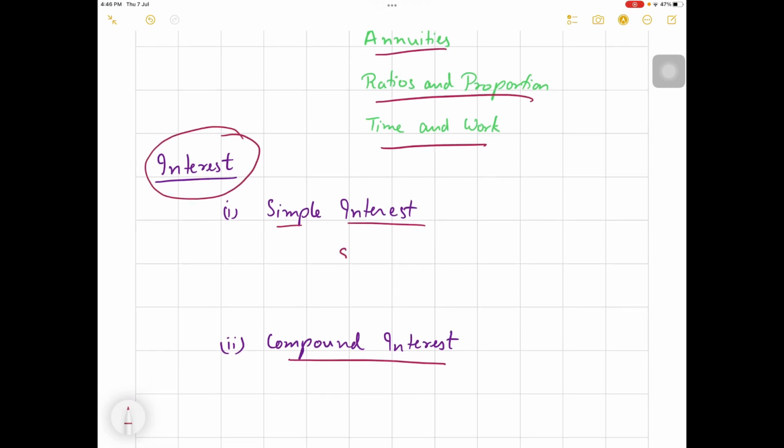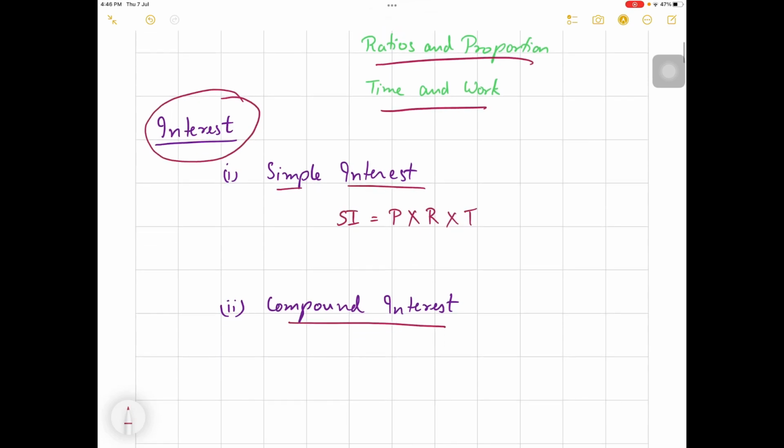So the formula for simple interest is: simple interest is equal to P, which is principal, into R, which is rate of interest, into T, which is period or term. So simple interest is principal into rate of interest into term T, time.